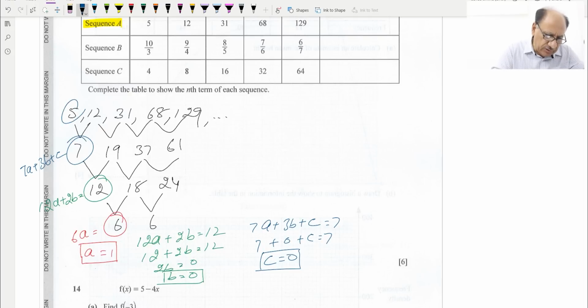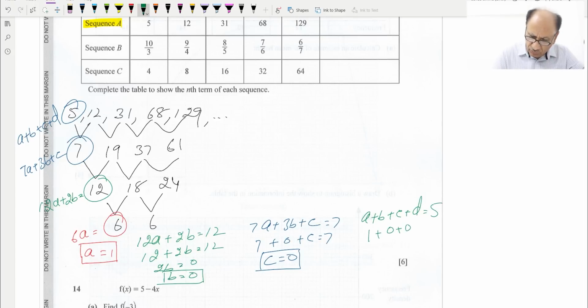And the last one is a plus b plus c plus d, which is equal to 5. So a value is 1, b value 0, c value 0, and plus d is equal to 5. So d will be equal to 4. So this will be our d value. We have a, b, c, d, so we can write the cubic equation.